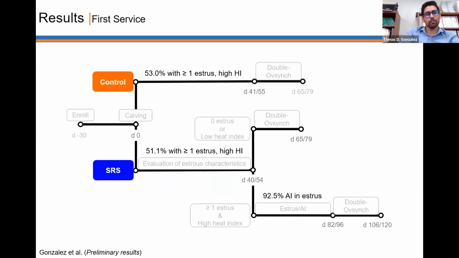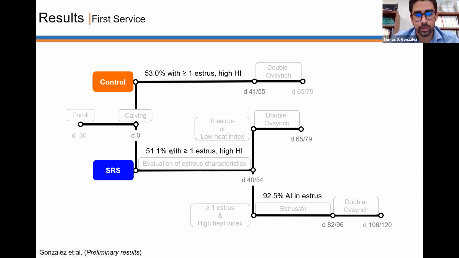Now, for the first service, this is information collected from the collar system. In the control group, 53% of the cows show at least one heat or more, a good heat with a high heat index.